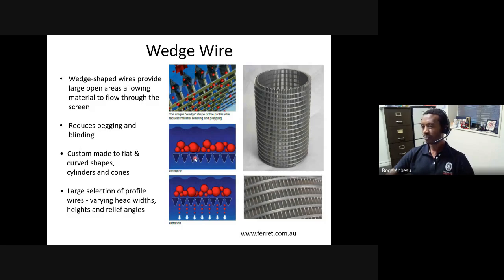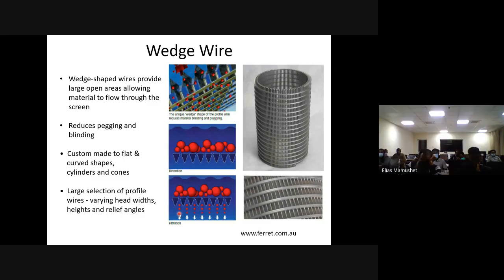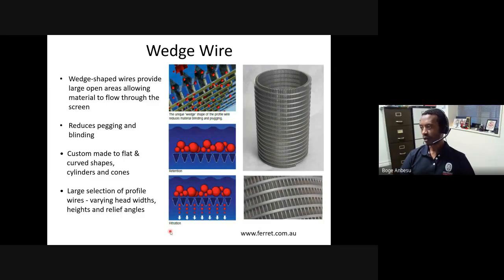Okay, so wedge shape reduces the blockage or the blinding, and of course you can make them into rectangular, cylindrical, or whatever. But the main advantage of these ones is that once small particles pass through that little gap there, they can fall through easily, and therefore they can be operated at a reasonable efficiency.